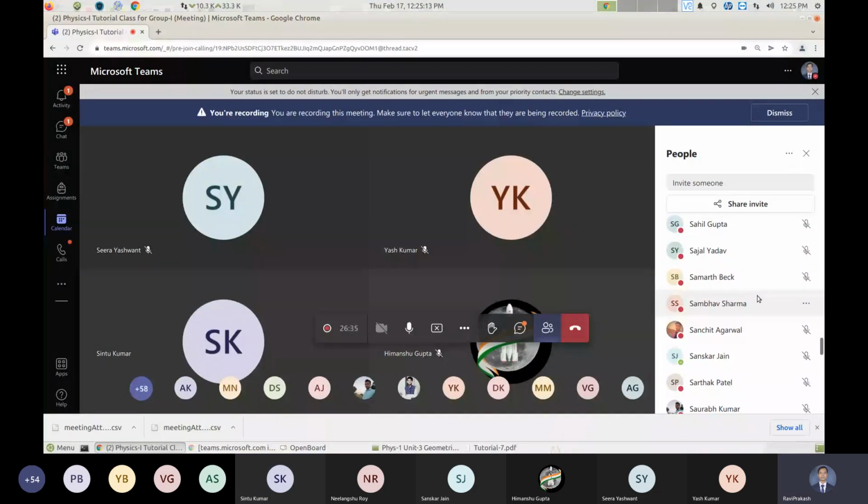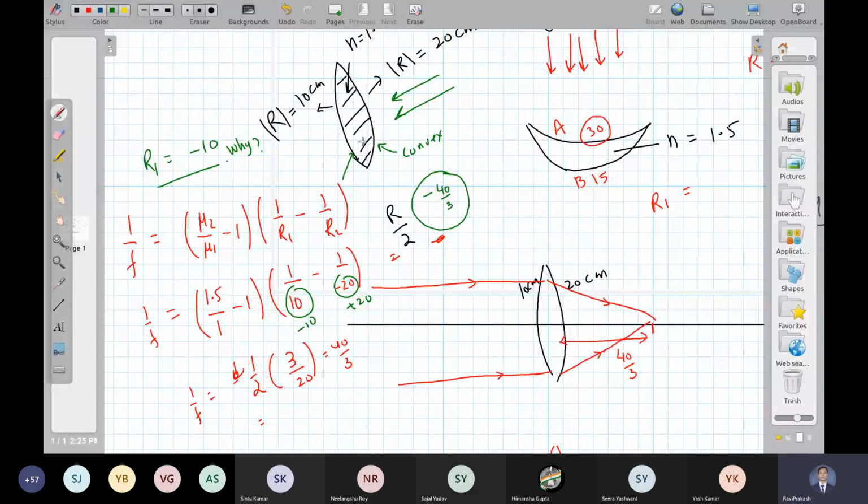Sajal Yadav, are you there? Yes, sir. So Sajal, how do you decide the sign for a lens surface? Like here, whether R1 is +10 or -10? Sir, R1 will be -10. Why?